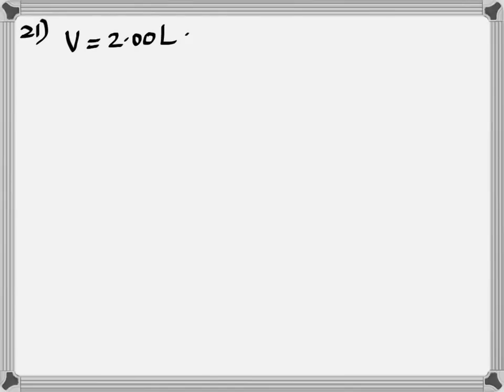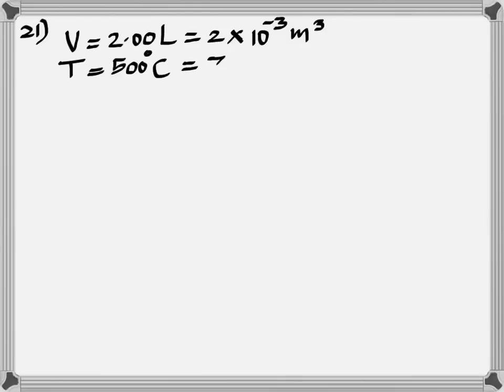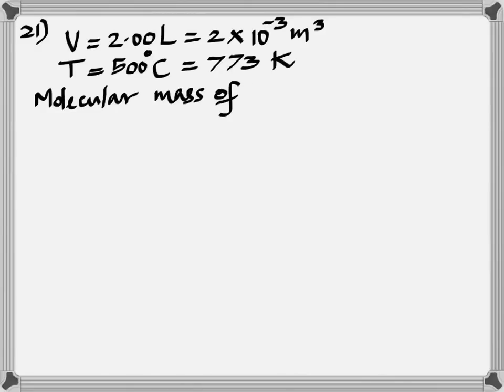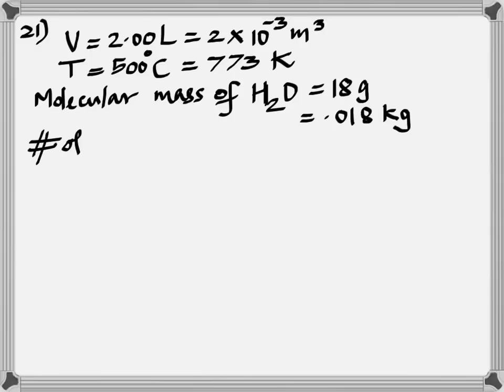21. Volume given. Change it into meter cube. Temperature is 500 degrees Celsius. Molecular mass of H2O 18 grams. And since we have 9 grams, the number of moles is going to be 0.5.